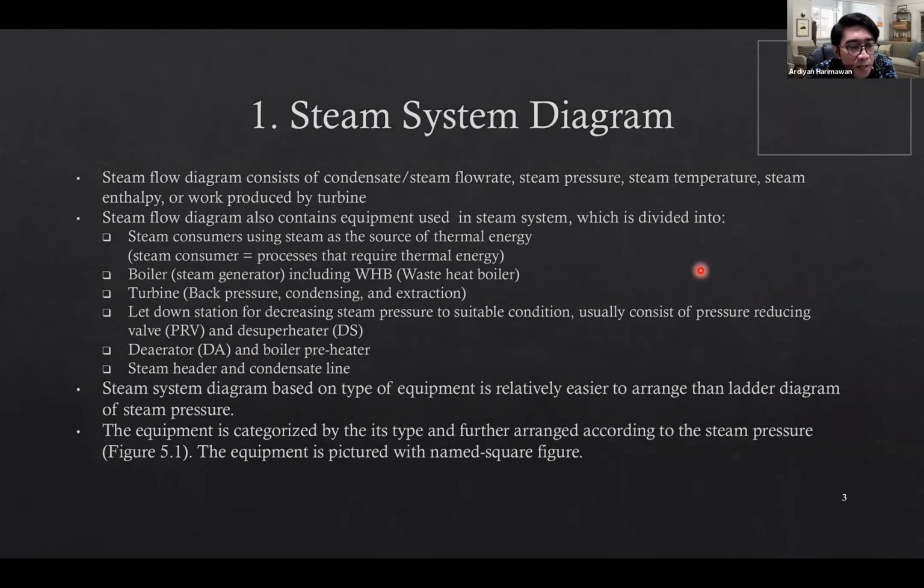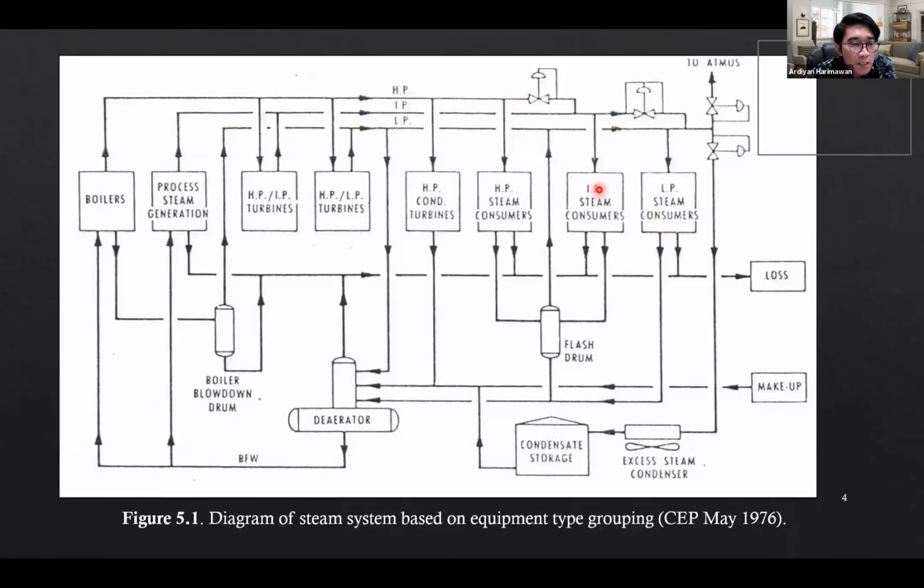So basically, there are 2 types of steam system diagram. The first is the steam system diagram based on the equipment grouping. So in this diagram, the equipments are grouped or classified based on the component. So boilers and steam generation process are grouped together, and then the turbines are grouped together, and then condenser turbines are grouped together, and then steam consumers are grouped together.